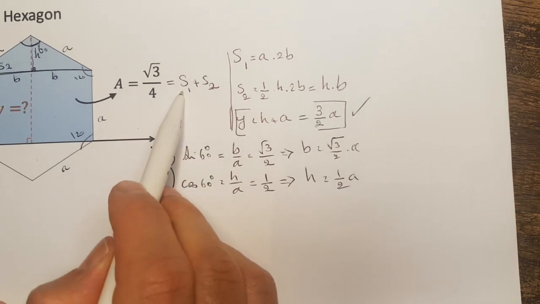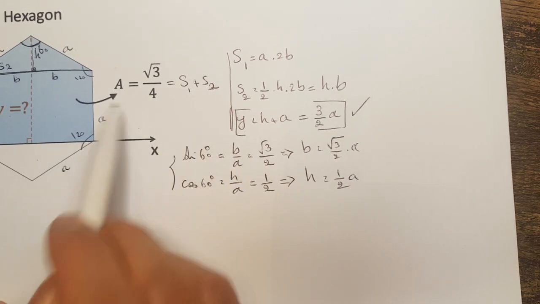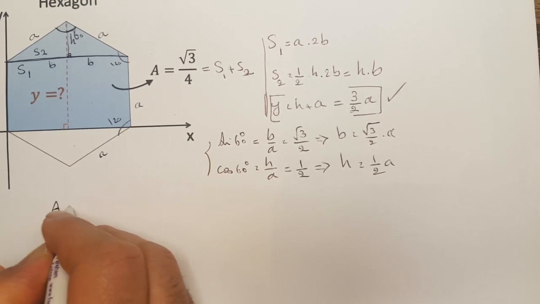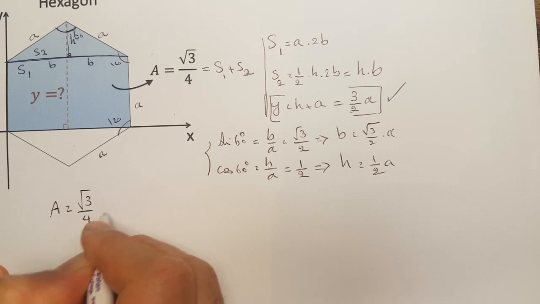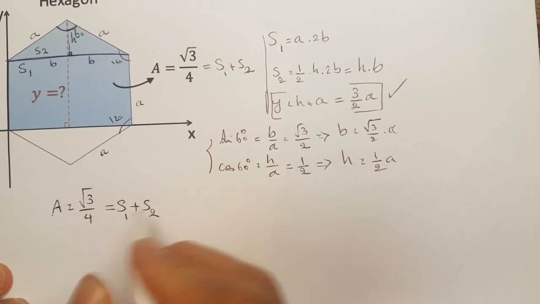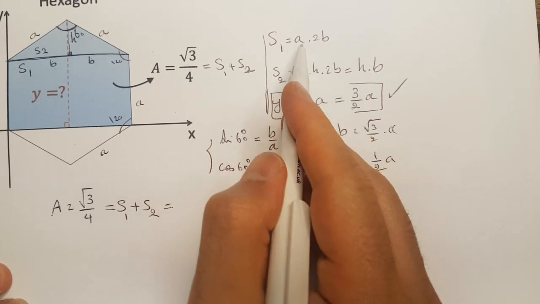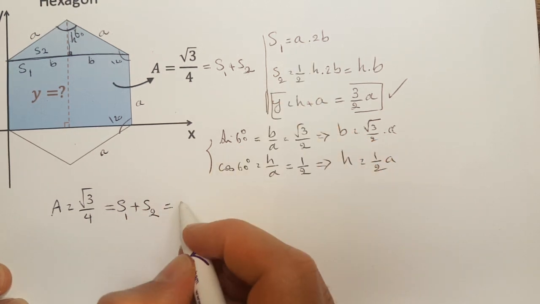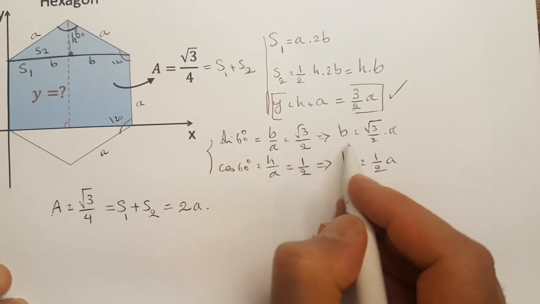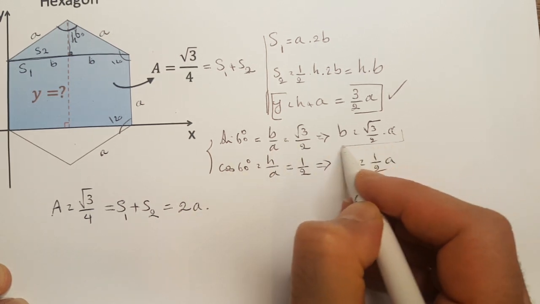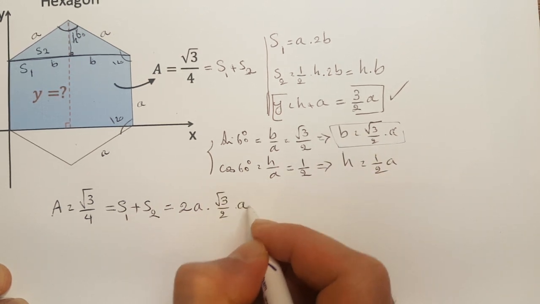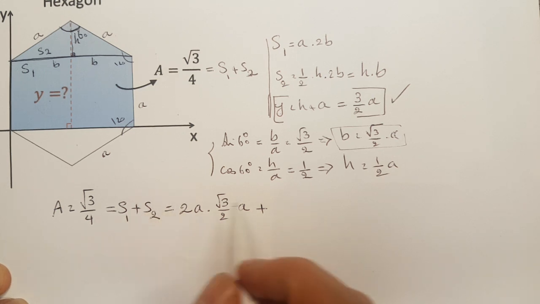Let's plug S1 and S2 into this equation. So we will have A, which is square root of 3 over 4, equal to S1 plus S2. S1 is 2a times b, and we know that b is square root of 3 over 2 times a, plus S2.